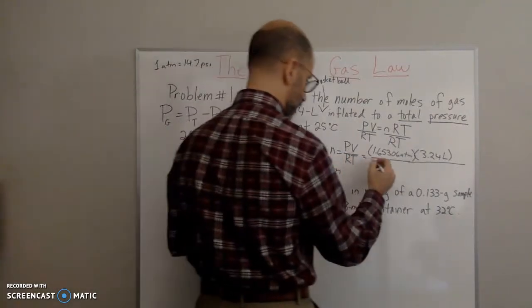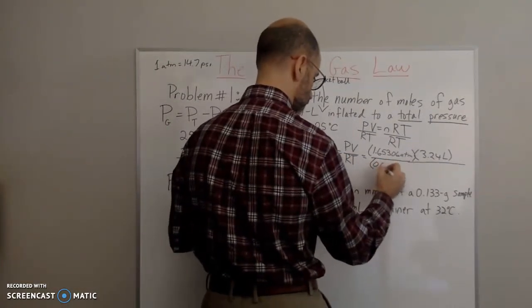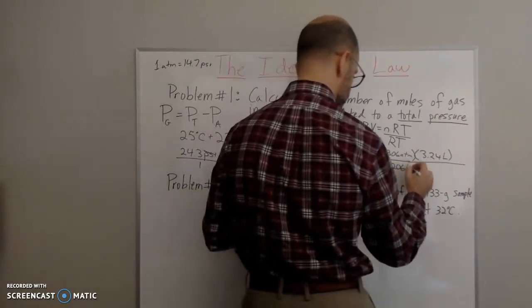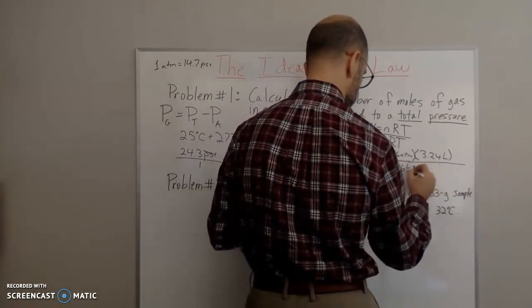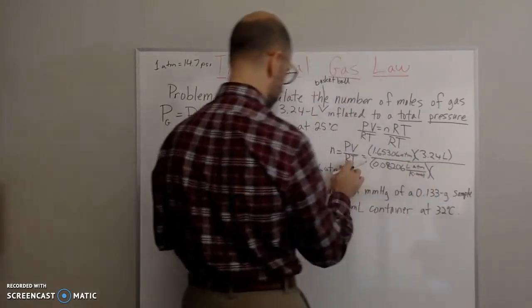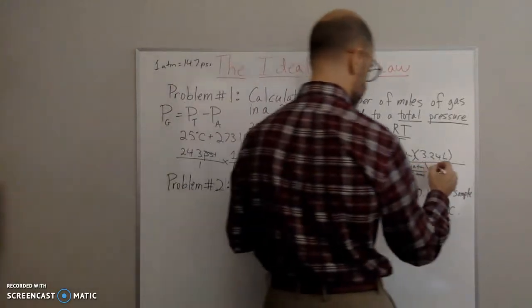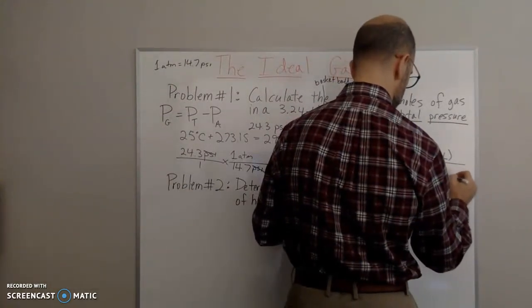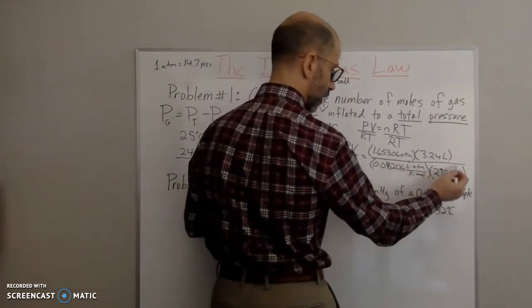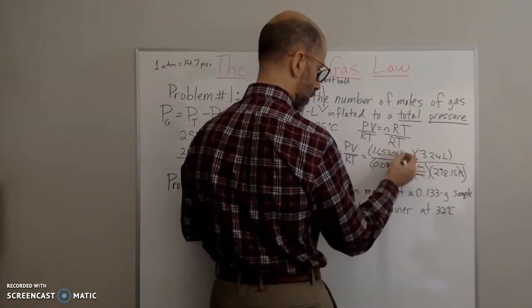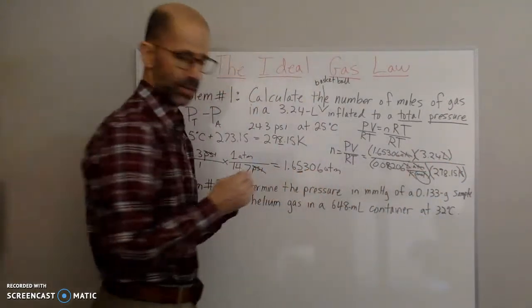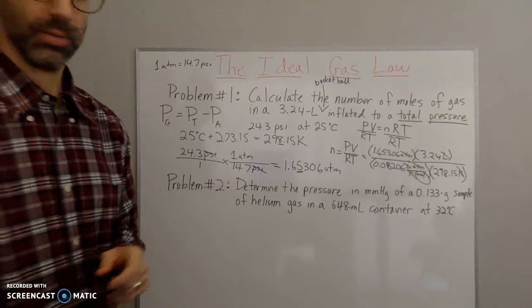And then I'm going to divide by R, which is 0.08206, and that's liter atmospheres over Kelvin mole. And then I'm going to multiply that by the temperature, which is 298.15 Kelvin. And so you'll notice that Kelvin cancels out, atmospheres cancel out, liters cancel out, and I have moles left. So my answer is going to be moles.